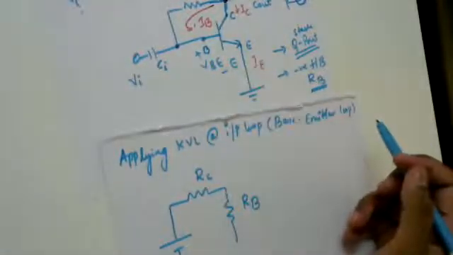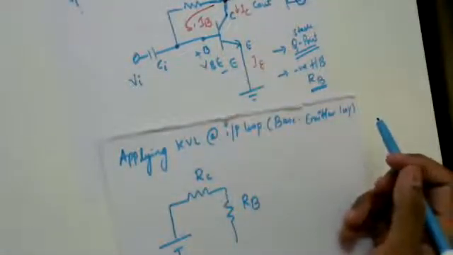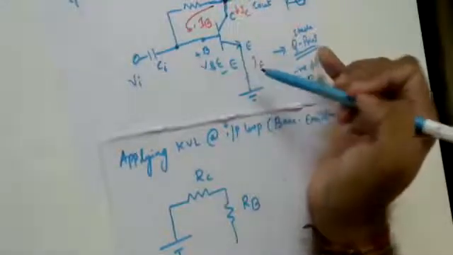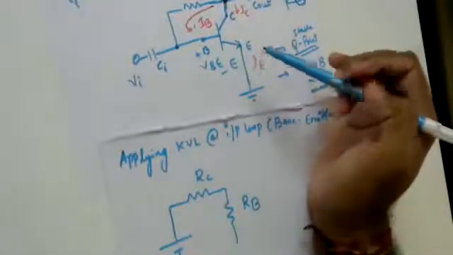I need to follow this loop in order to complete a complete cycle. So this is your base resistance RB. In terms of a circuit, I can just show it as a voltage drop VBE, base to emitter drop. Then from the emitter it will be connected to the ground.